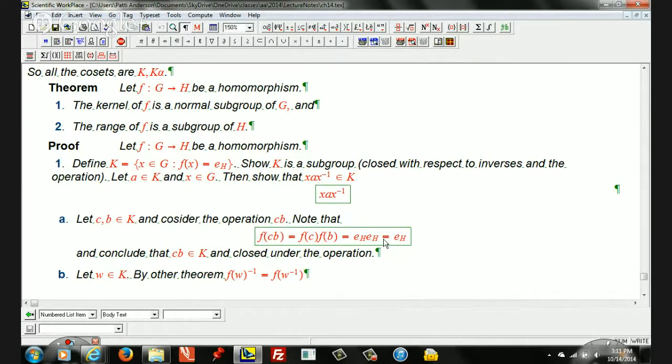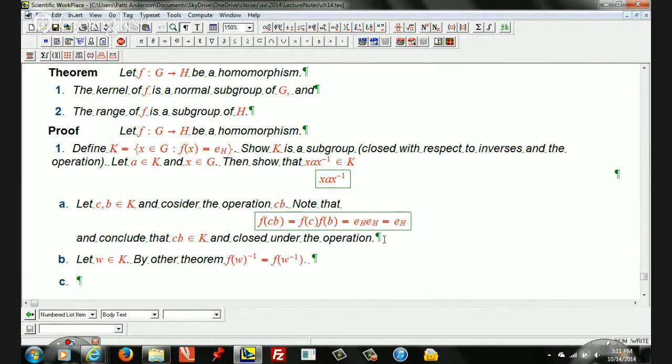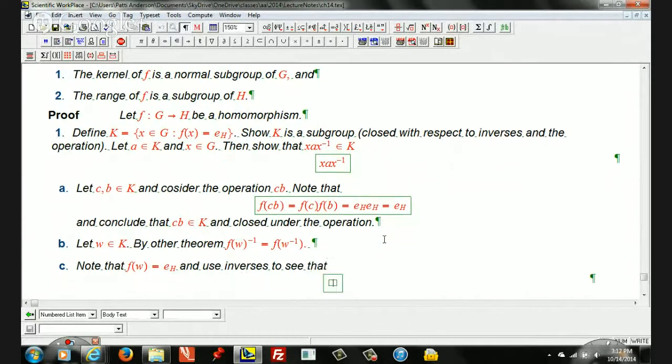Well, if F of W gives you the inverse of the element, the identity element, the other has to be... So you're going to have the identity element has to be equal to.